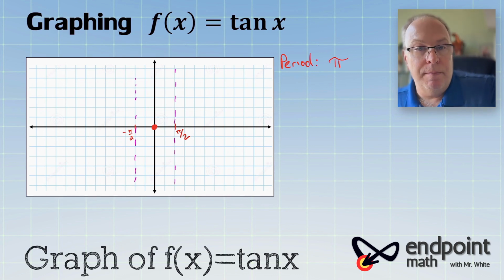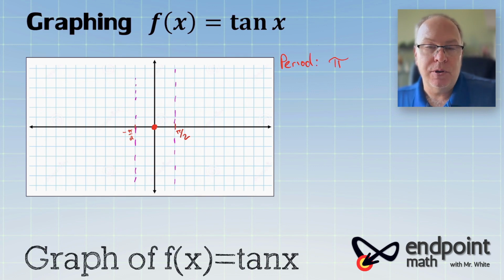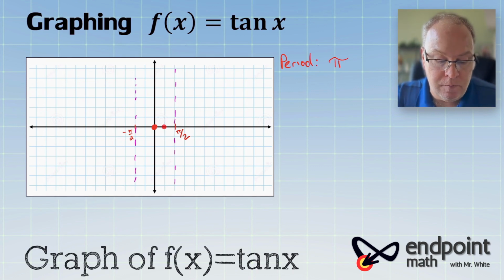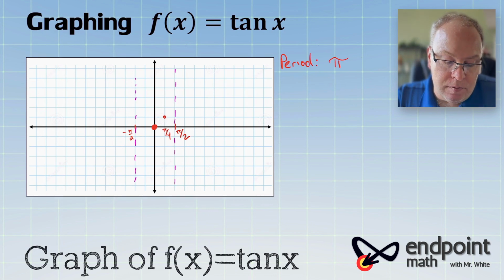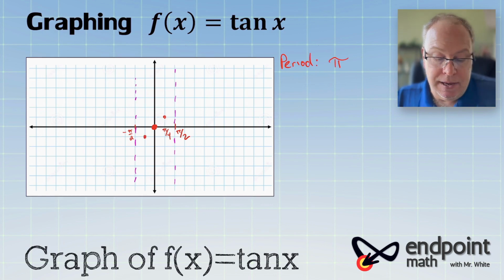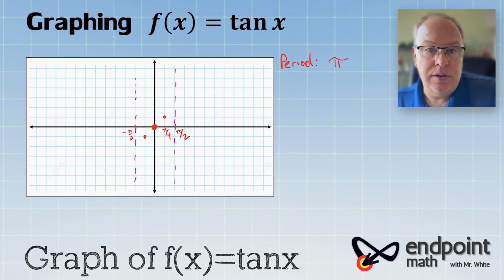Now, do you remember that the tangent of 45 degrees, the tangent of pi over 4, is 1. So we go over pi over 4, this is pi over 4, and we go up 1. And then we go back pi over 4 and we go down 1. Let's see, the tangent of 135 degrees is negative 1.